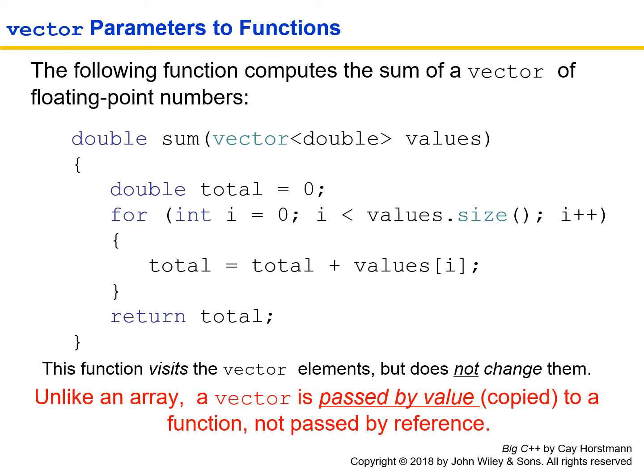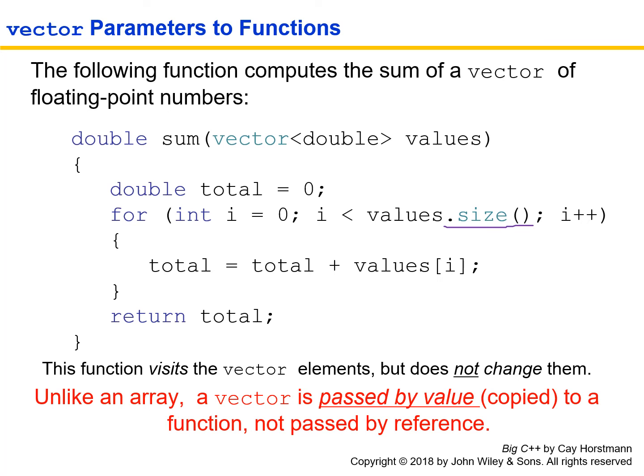That means you can pass a vector to a function without having to also pass its size, because the function can ask values what its size is and use that to sum up the vector. Note that a vector is passed by value.